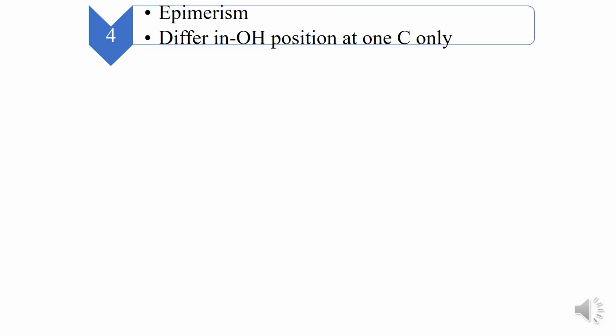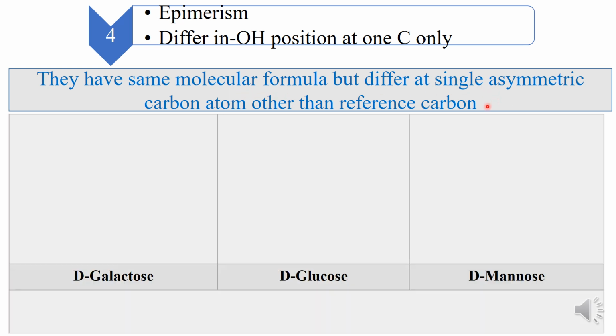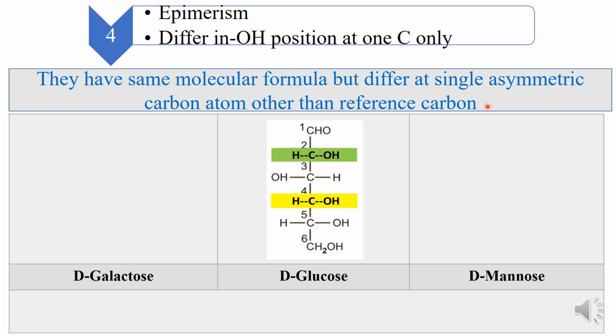Now we come to the epimerism, in which there is difference of hydroxy group position only at one carbon. They have same molecular formula but differ at single asymmetric carbon other than reference carbon. Here we will take example of glucose. Glucose has two epimers. One is galactose.